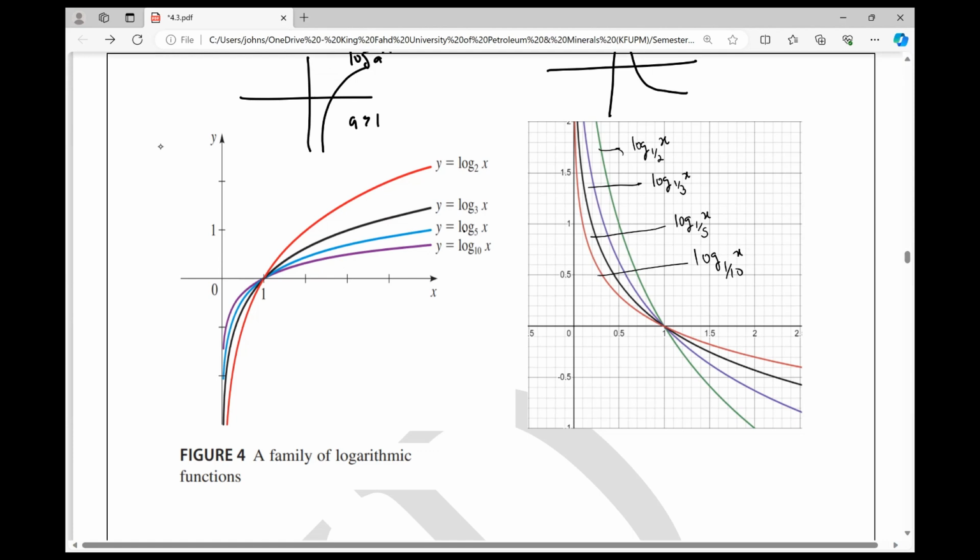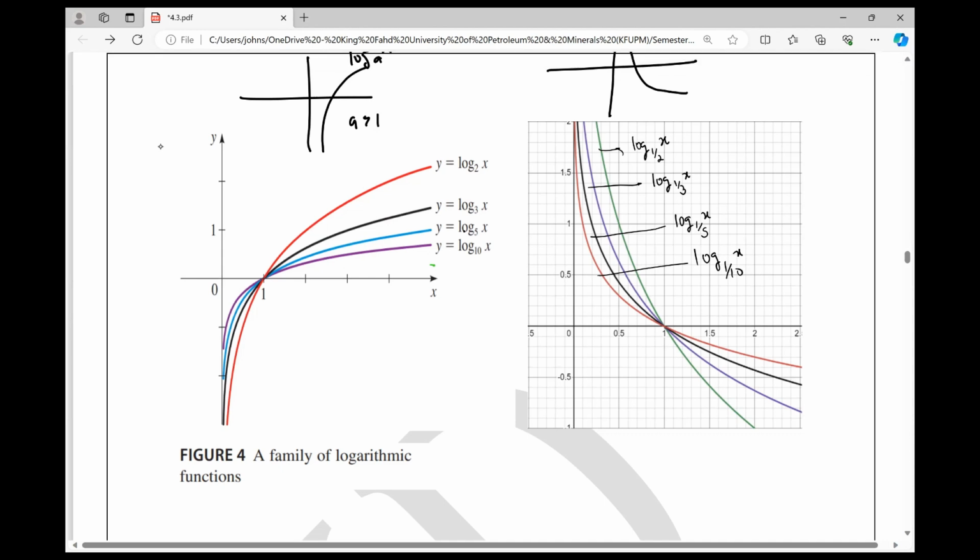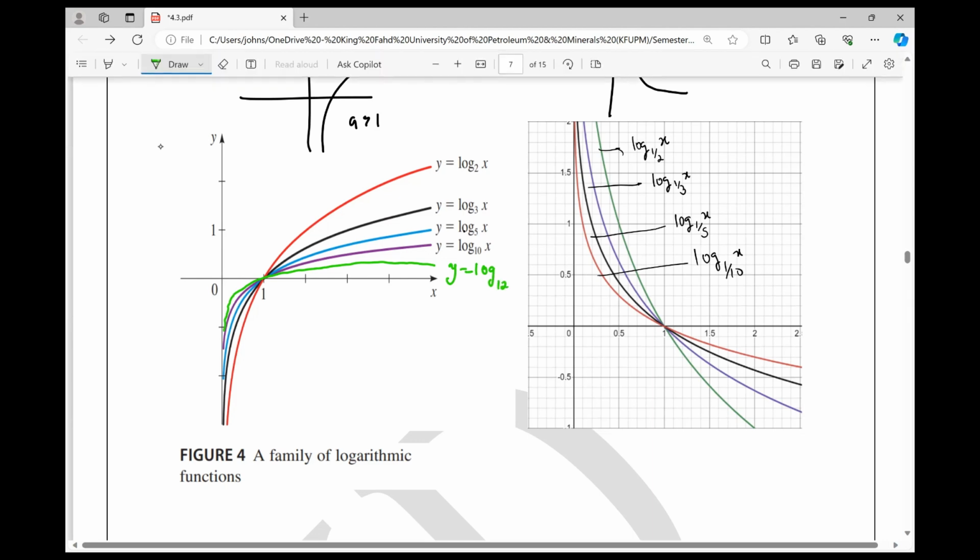So let's just add that with a different color, let's say green. So I can have something like this come in here. For example, just take any number. It could be any number bigger than 10, for example, this, right?